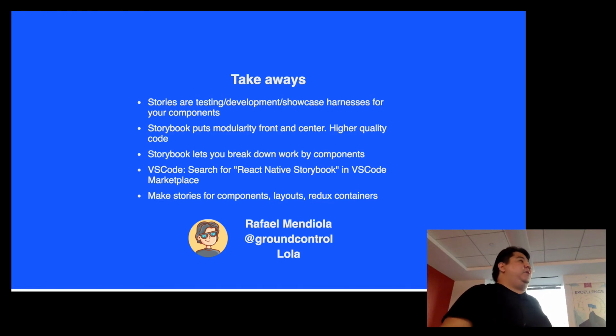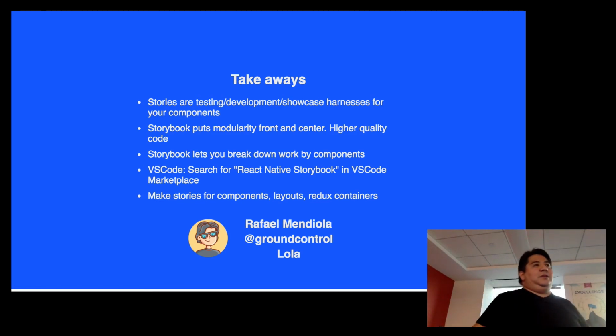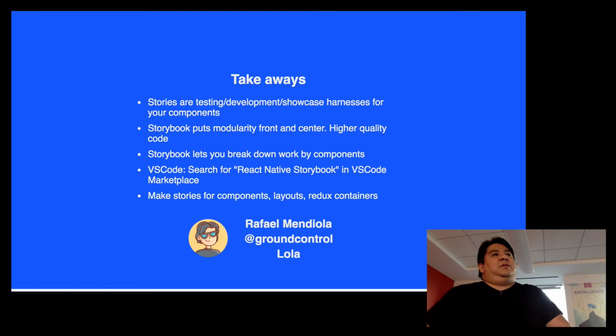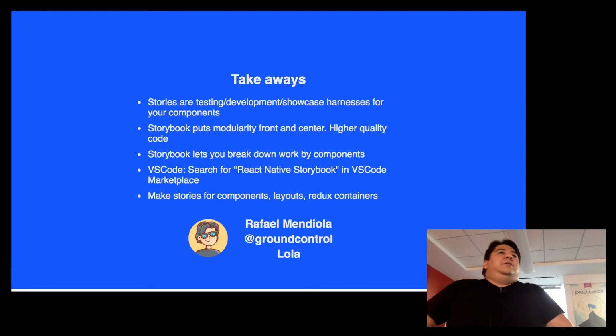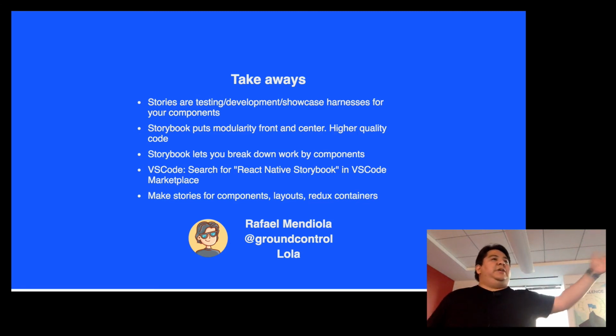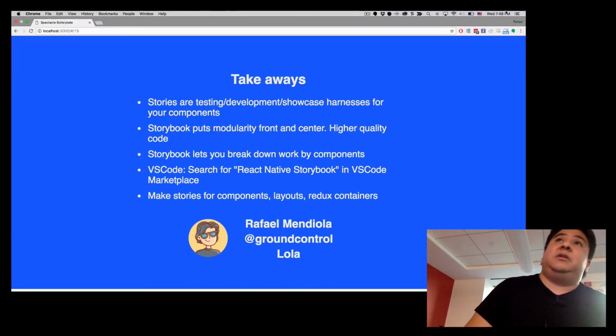Do you guys have any questions? Yes. Has this changed how you approach the organization of your files? Not yet. We do have an external stories folder, and I can show you what the structure of that is a little bit.